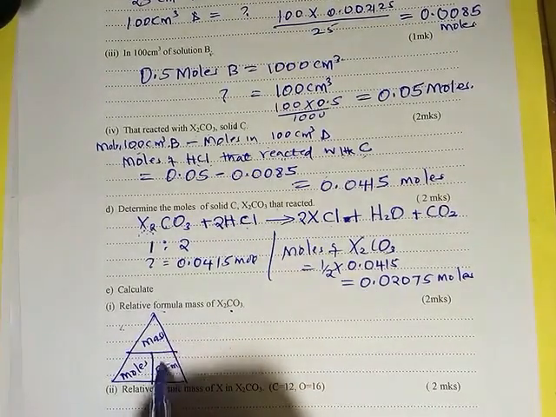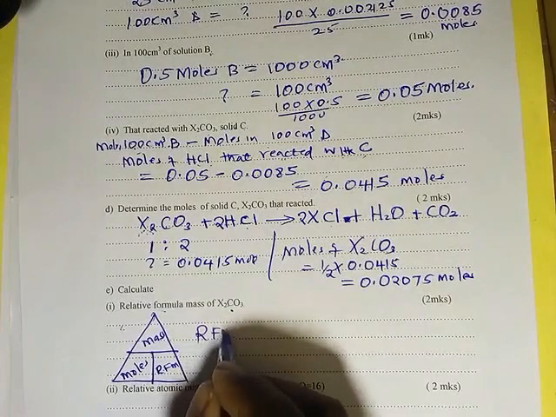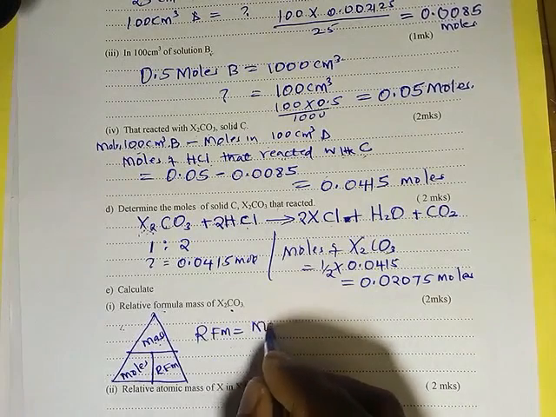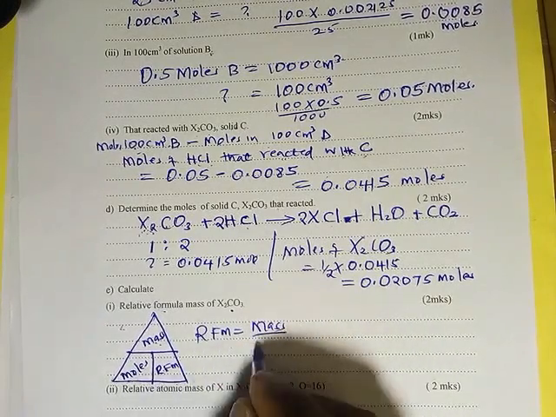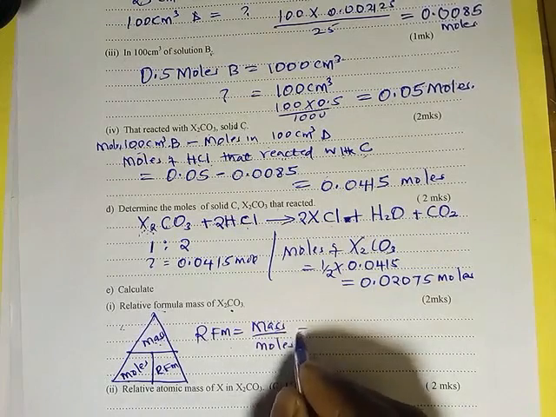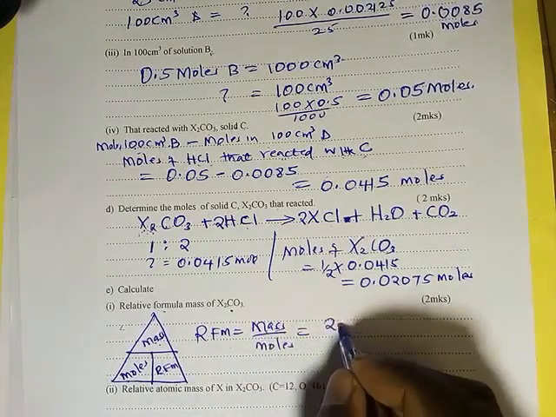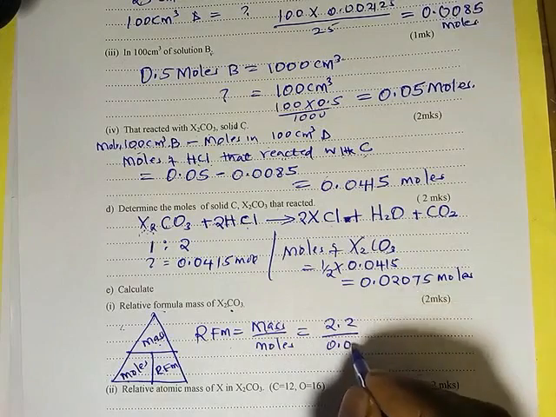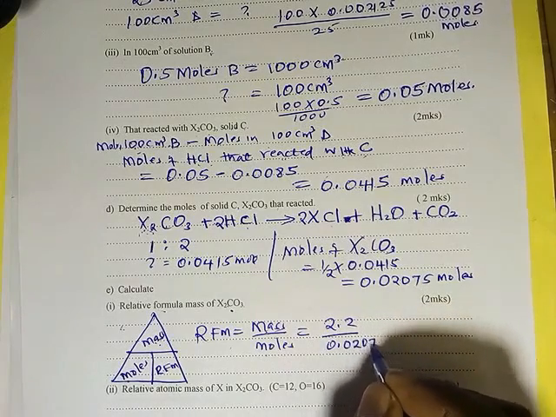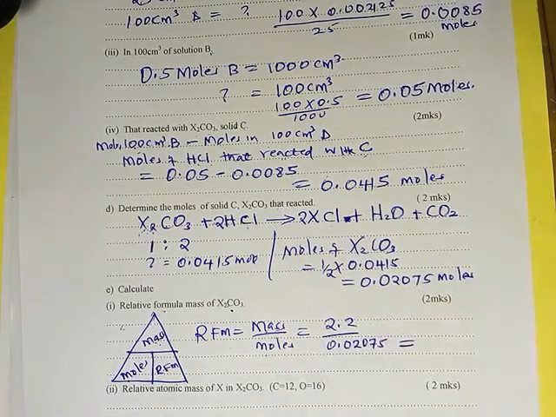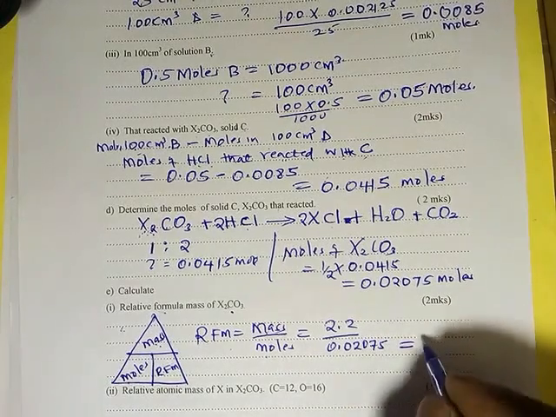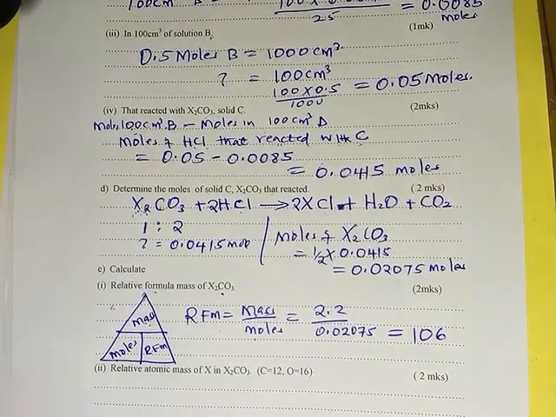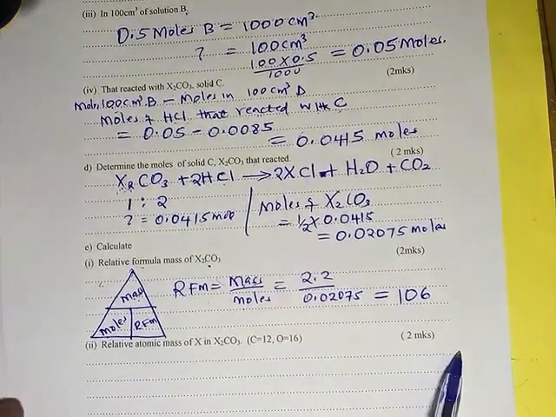So therefore we can get RFM. RFM is equal to mass divided by moles. Mass is 2.2 divided by moles, which is 0.02075. Use your calculator and this gives you 106. So the RFM of this carbonate is 106.